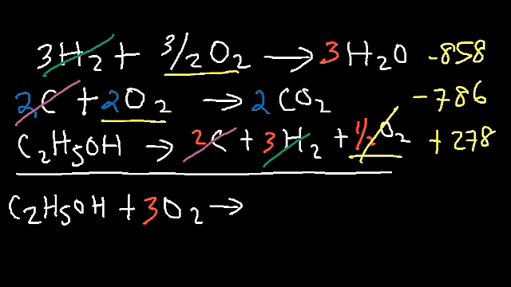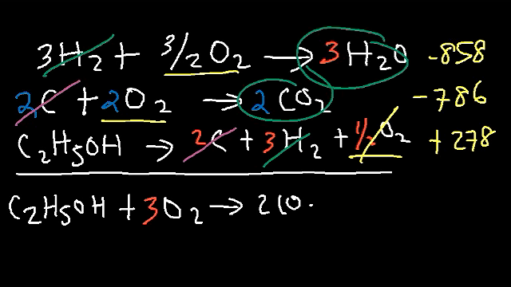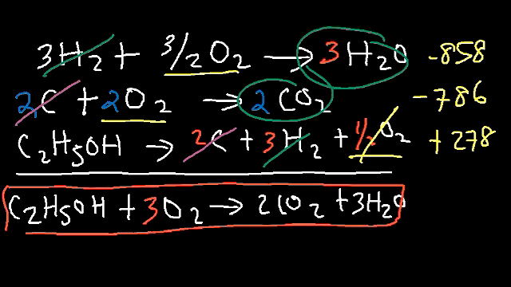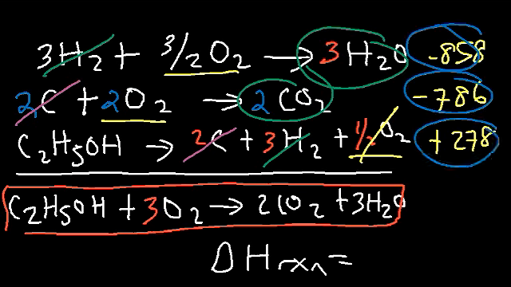On the right side, these two would simply fall down. And it's going to be 2 CO2 plus 3 H2O on the right side. So now, if we add reactions 1, 2, and 3, and since we came up with this reaction, according to Hess's law, the enthalpy change of that reaction can be calculated by adding the enthalpy change of the individual reactions that we use to get this reaction.